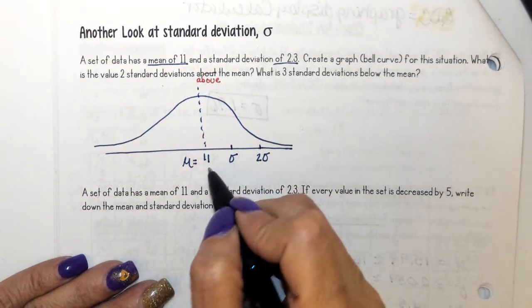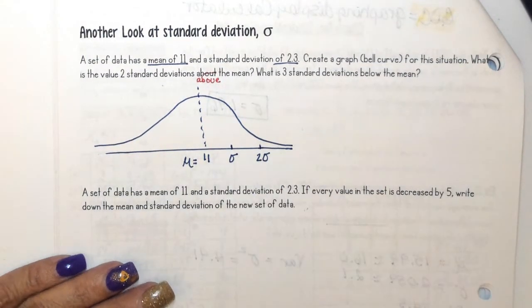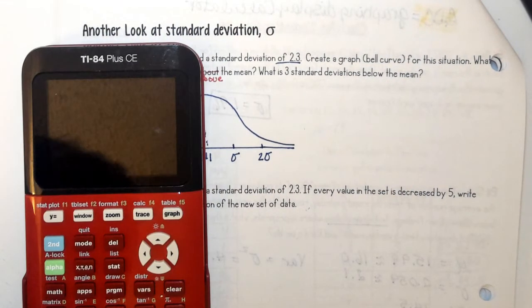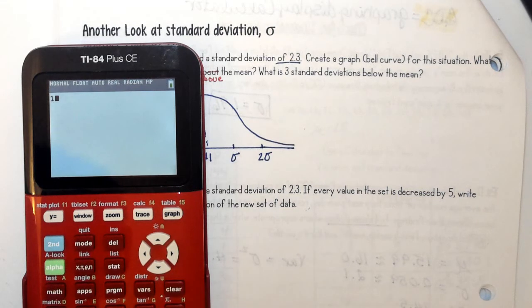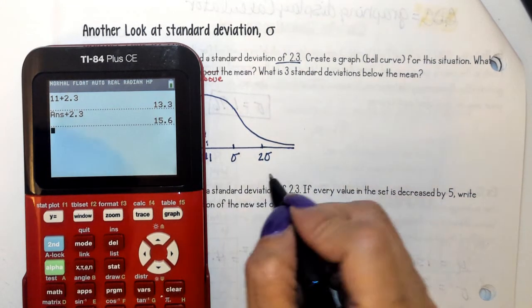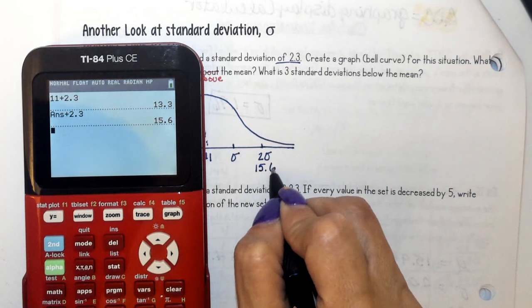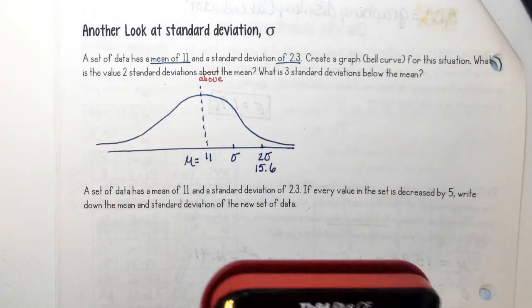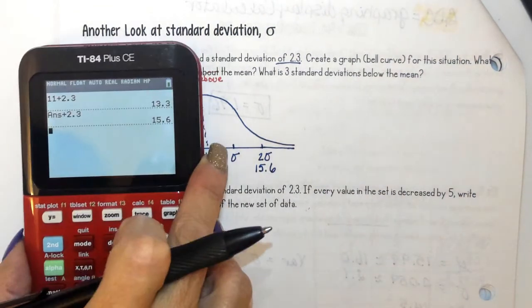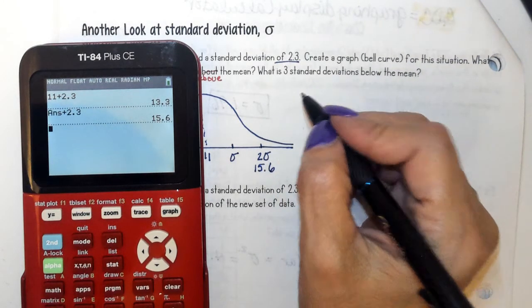All right. If this is 11, then I just need to add 2.3 to get here. And then I need to add 2.3 again, which is 15.6. So it said, what is the value 2 standard deviations above? 15.6.